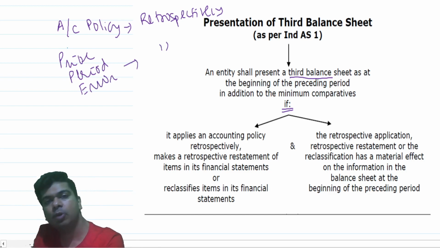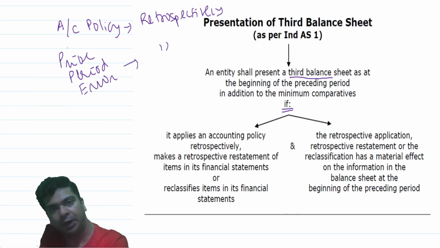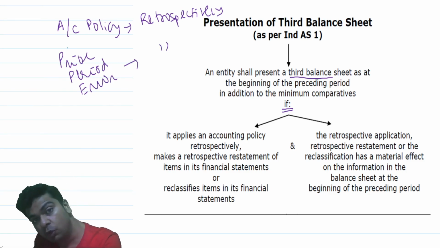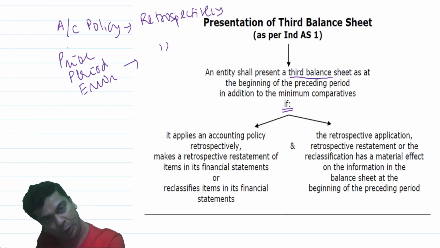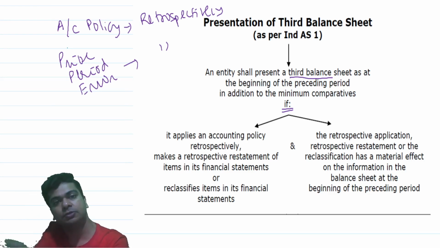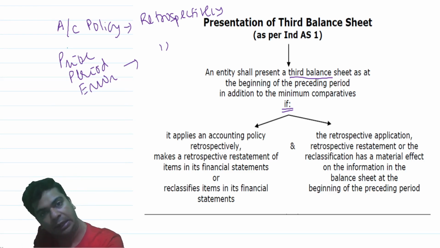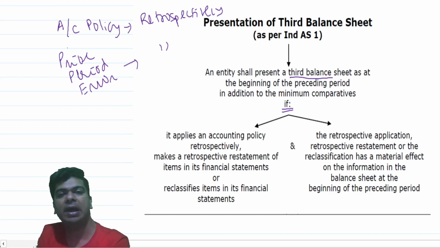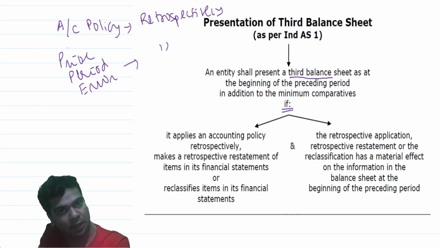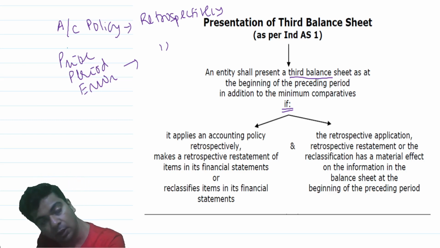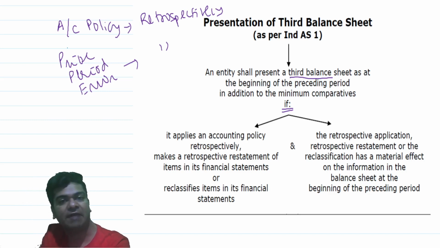Whenever an accounting policy is changed and the effect is given retrospectively, or whenever you are discovering some error committed in the past and you are correcting that error retrospectively, that is the only time when a third balance sheet will be required to be prepared, provided the year before the year for which comparative information is given is getting affected.